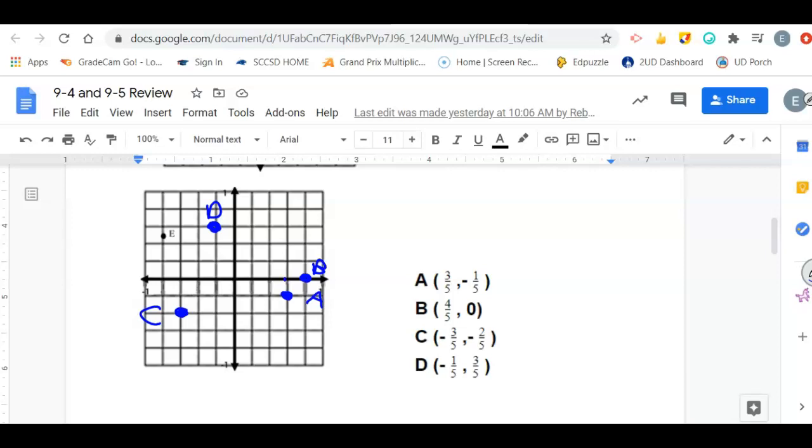All right, who thinks they have the ordered pair for E? Michael. Negative 4/5, comma, 5. How did you get tenths when we're not dealing with that? Caitlin?